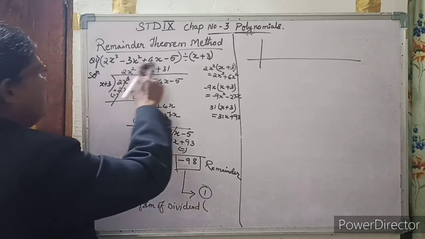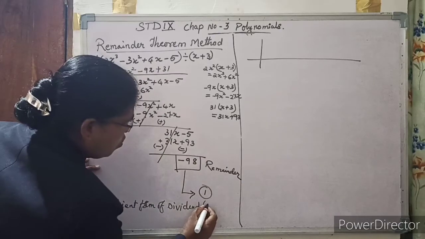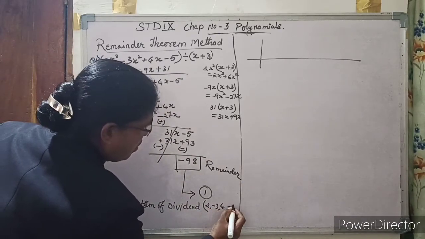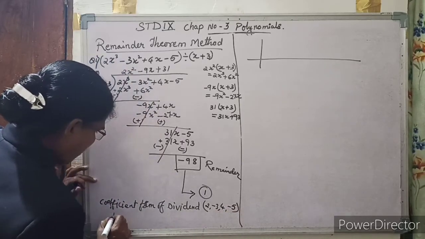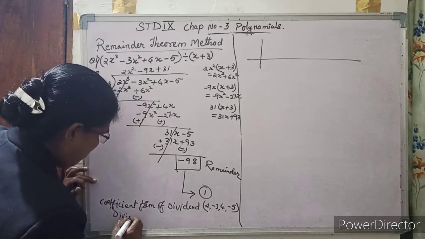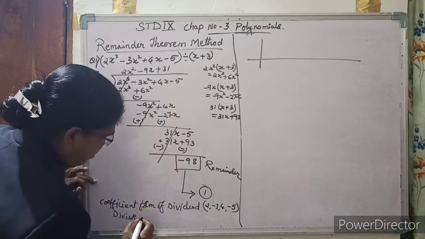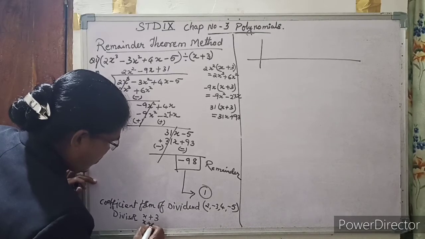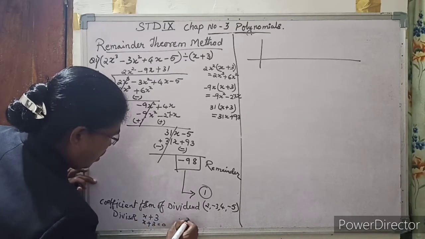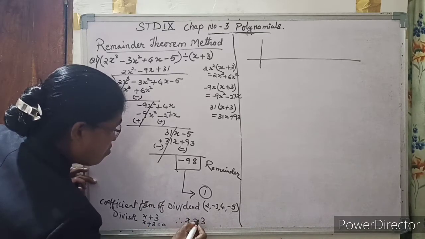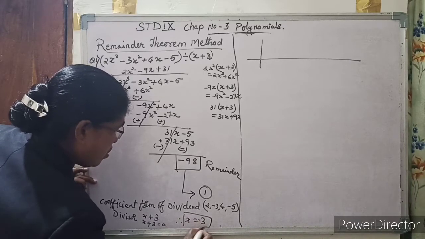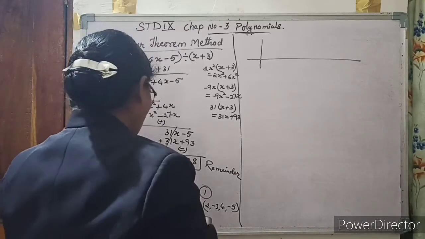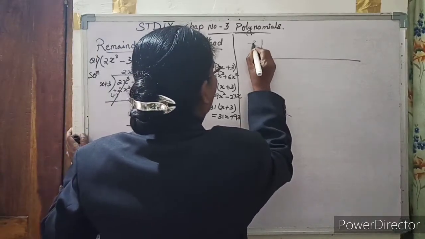That is, it is in the standard form, so it is 2, minus 3, then 4 and minus 5. Then from the divisor x plus 3, x plus 3 is equal to 0. Therefore x is equal to minus 3.